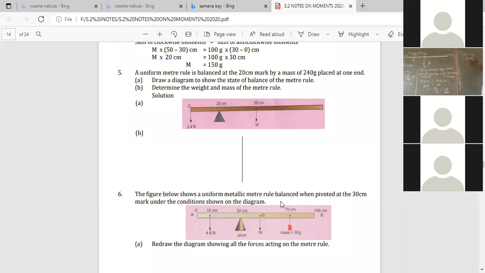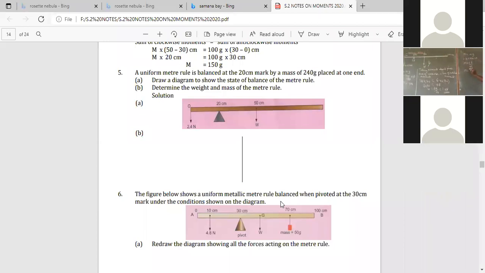Which is m equal to 1.6 divided by 10, which is 0.16.